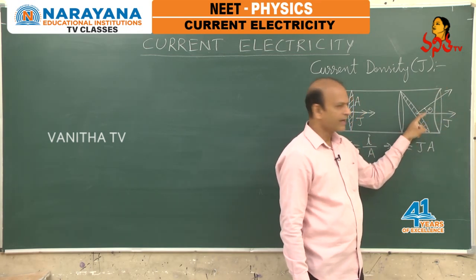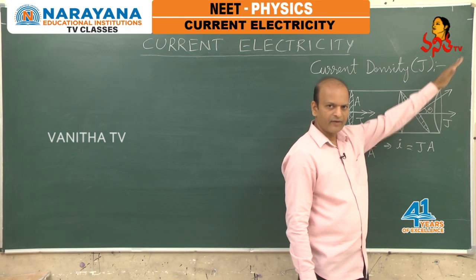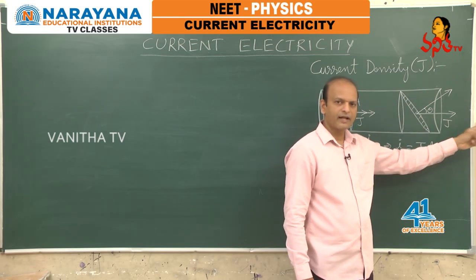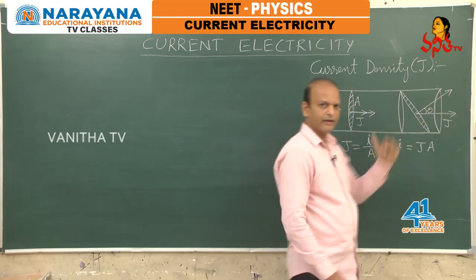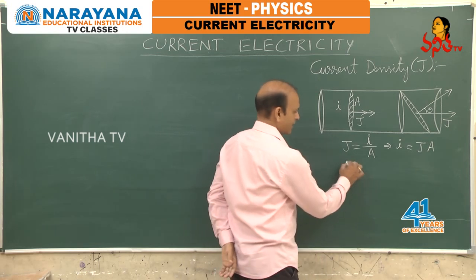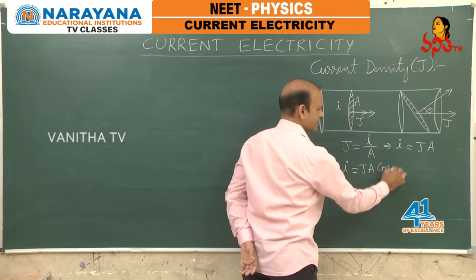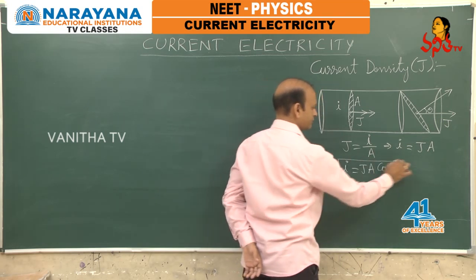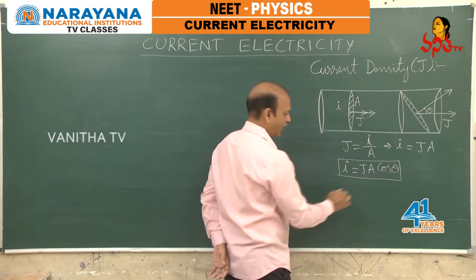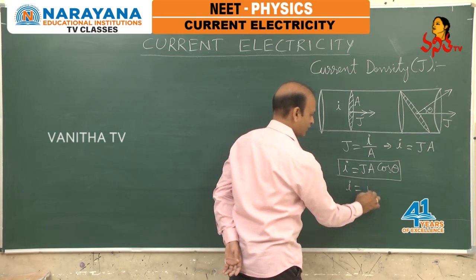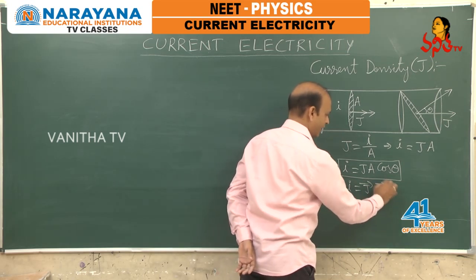Current density makes an angle theta with the area vector. Then the current I will be defined as J into A into cos theta, or we can say that I is equal to J bar dot A bar.